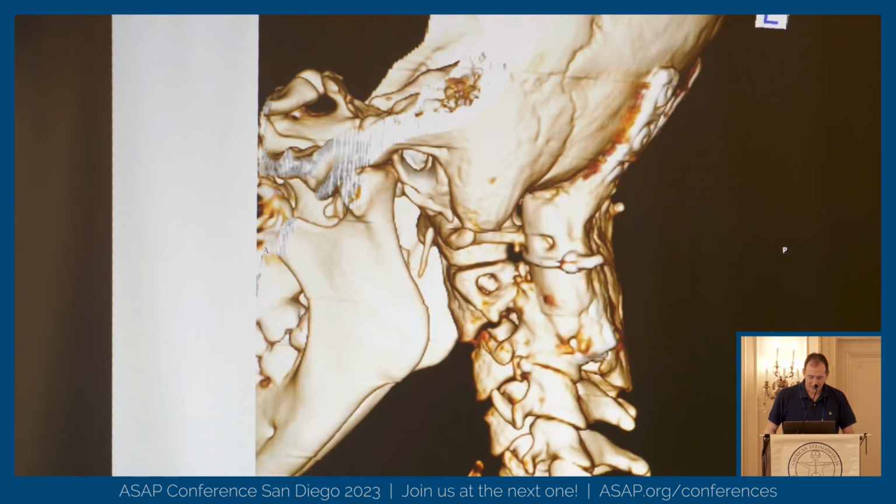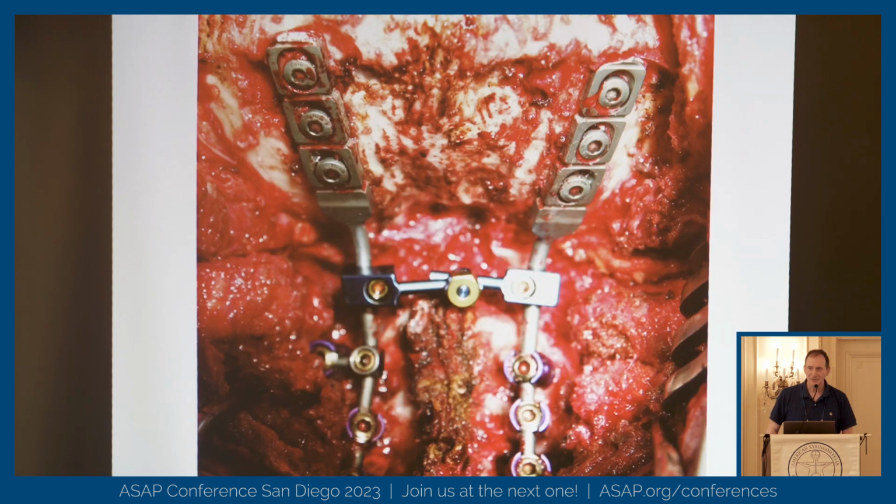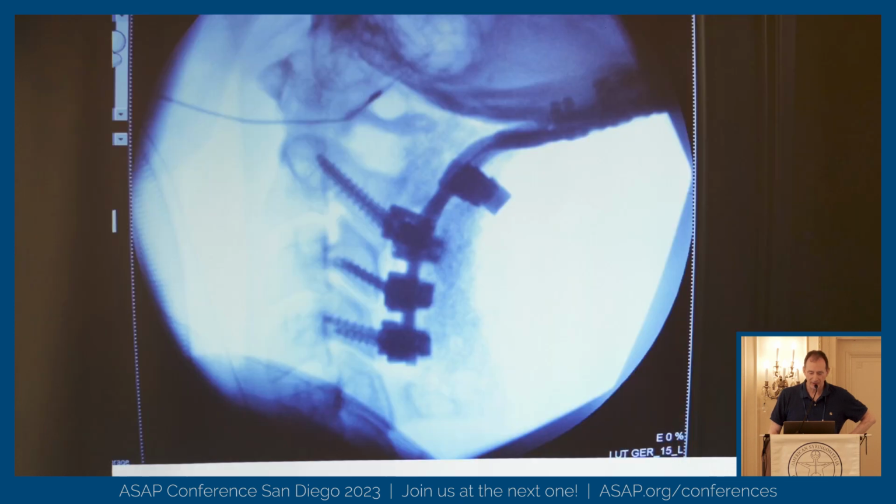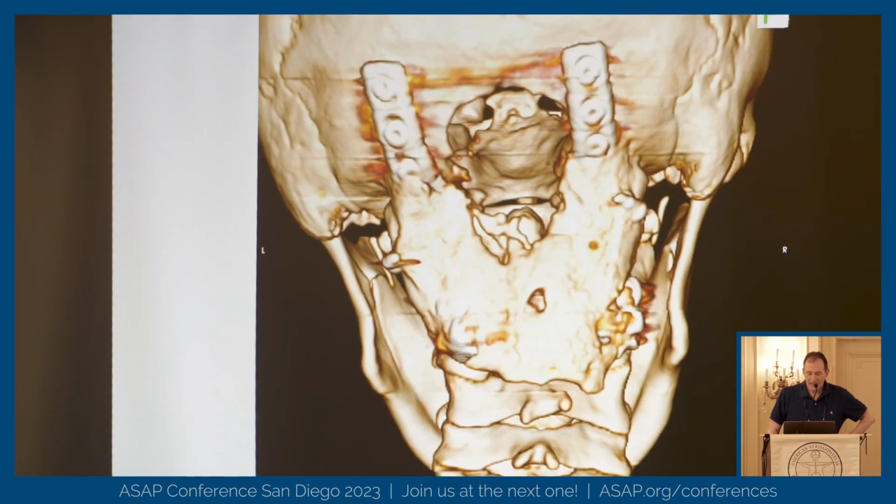If you have this kind of thing, and the upper half are the screws to the back of the skull, and if you have a big hole there, where do you put the screws? It's not polite to put the screws in the brain. Or if you have Chiari malformation, very often you have a very thin skull, paper thin.